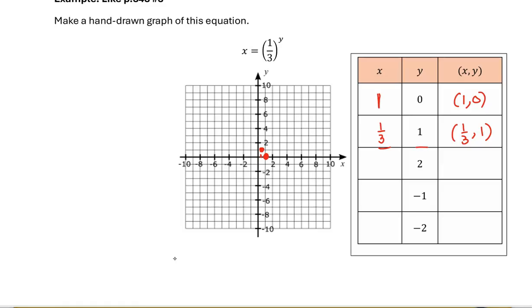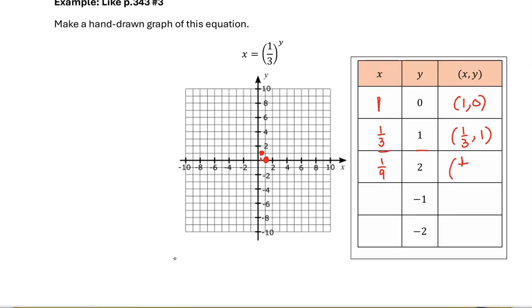Power of 2, 1/3 squared. 1/3 times 1/3, that's 1/9. So this would be (1/9, 2). That would just barely be past 0 on my graph and up to 2. So you see how it looks like it'd be trending. You'd have that vertical asymptote as it goes up on the left side. Okay. Let's do the negative exponents here.